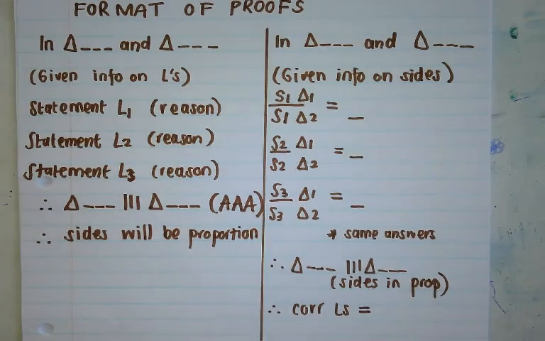So can you see how in one, we are proving angles, and therefore we can say that the sides are in proportion. In the other one, we are proving the proportionality, and therefore we can say angles are equal. Those are the only two proofs that you have for similarity.